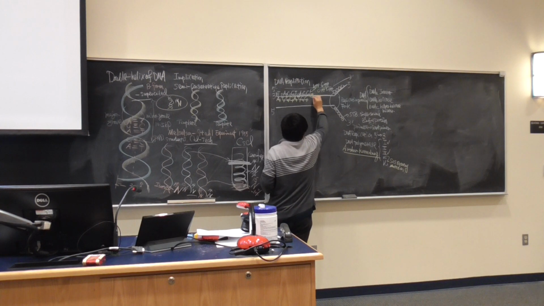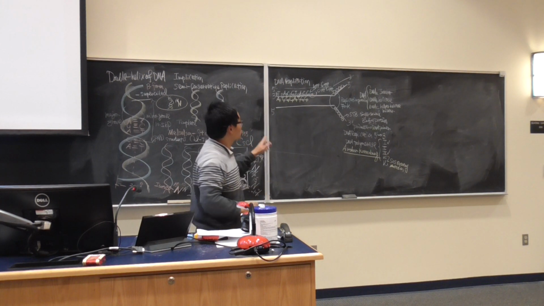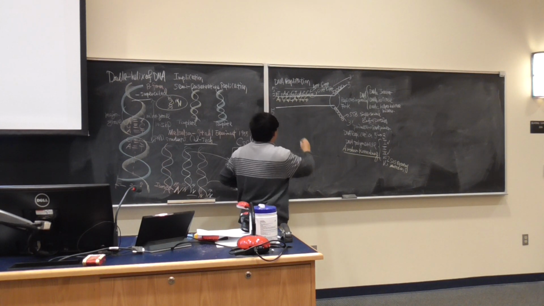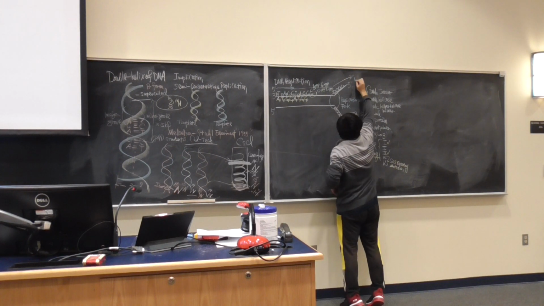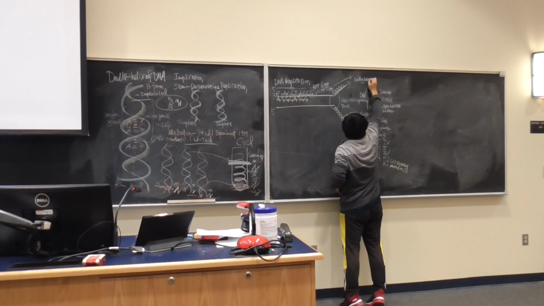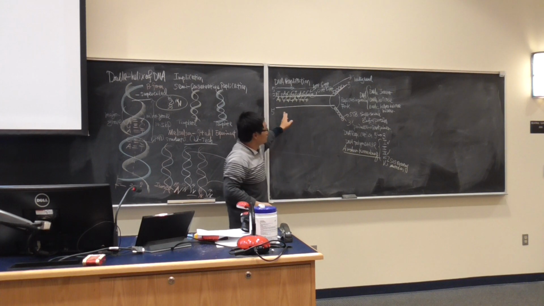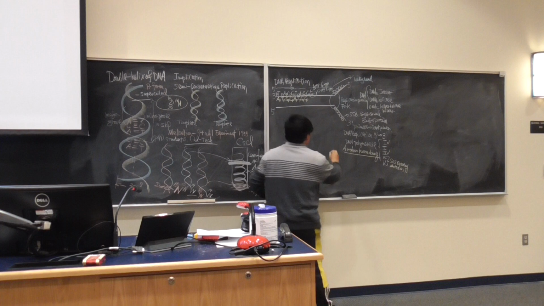This is key. Now, the first strand on the top, we can do natural replication from 5 prime to 3 prime. We call it the leading strand. Here comes a question for the second one. By the way, we call it the lagging strand.